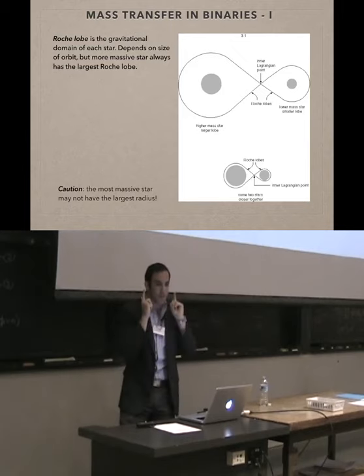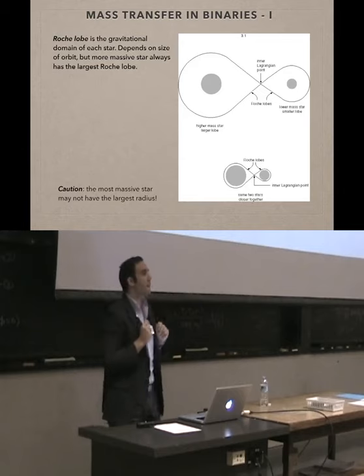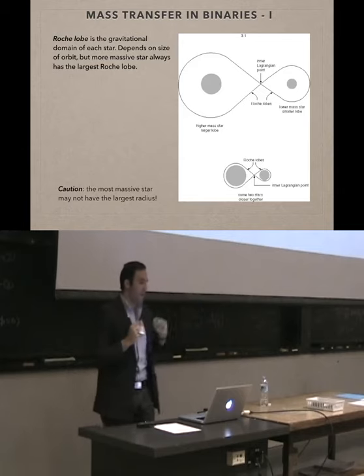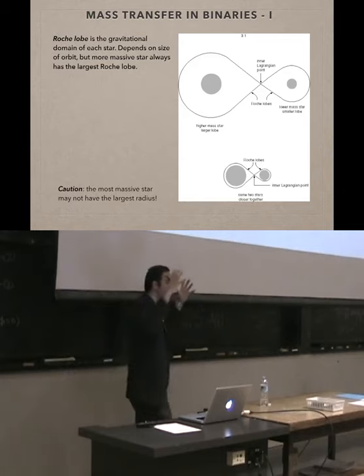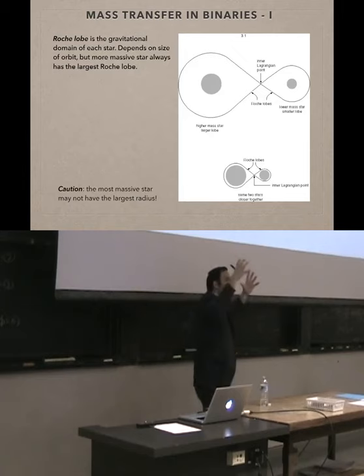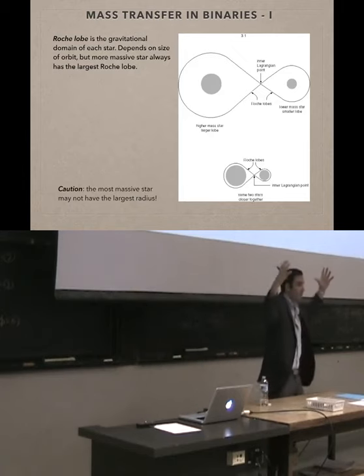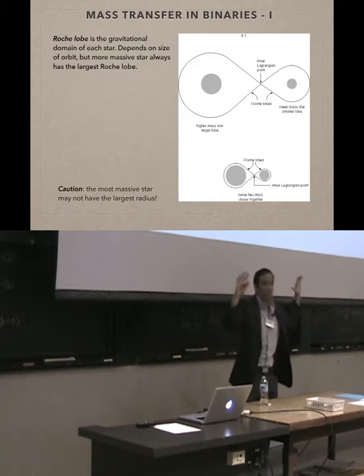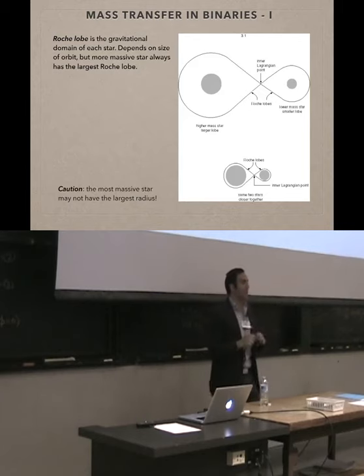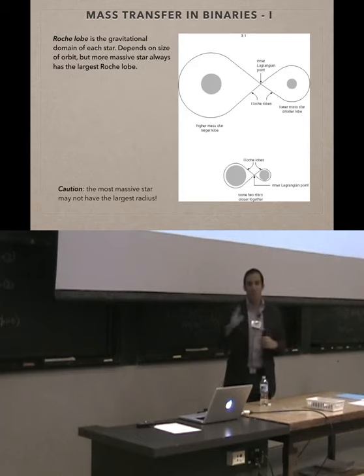But that process, the mass transfer process itself, is initiated when stars reach a characteristic size in their evolution, when they fill their Roche lobes. Roche is the name of the astronomer that talked about this concept for the first time. No need to be scared.